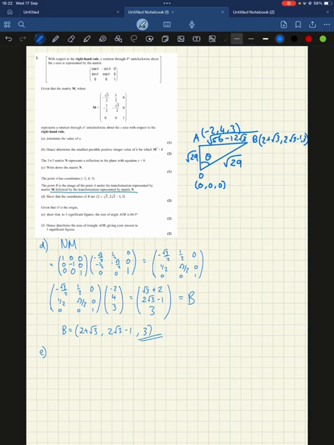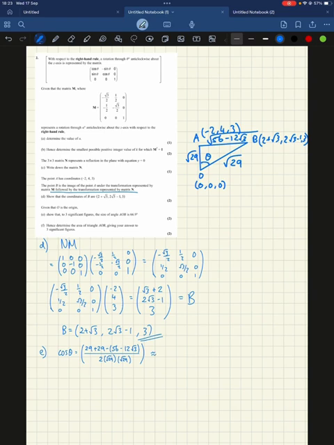Using the cosine rule, we can say that cos theta is equal to b squared plus c squared minus a squared, so root 29 squared, which is 29, plus 29, minus a squared, which is 56 minus 12 root 3, all over 2bc, so 2 root 29, root 29.